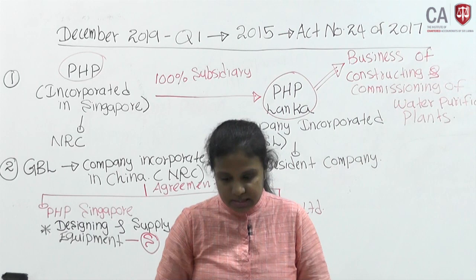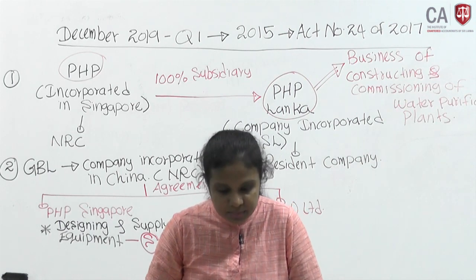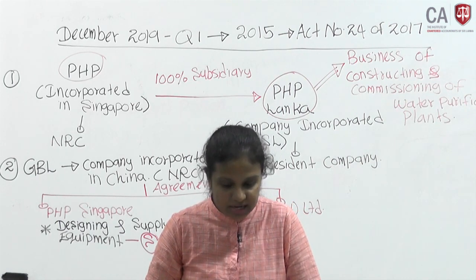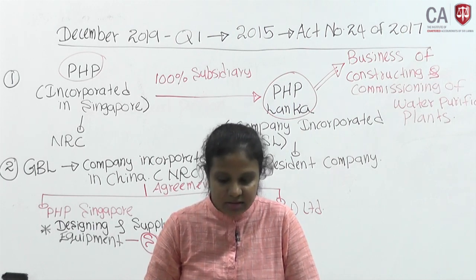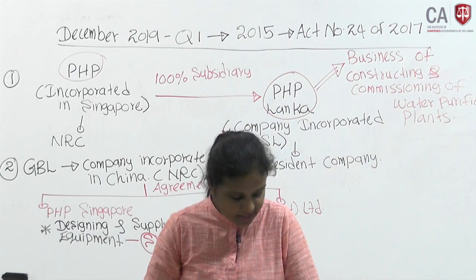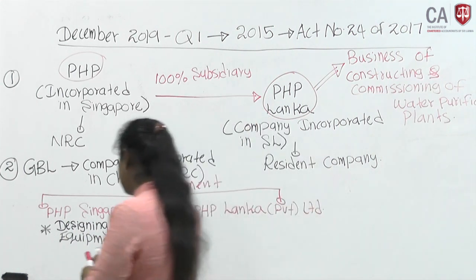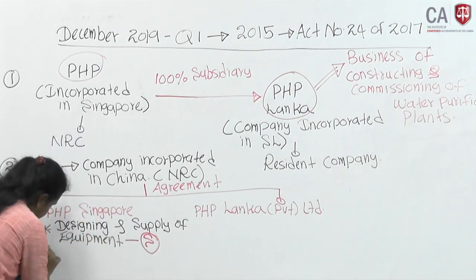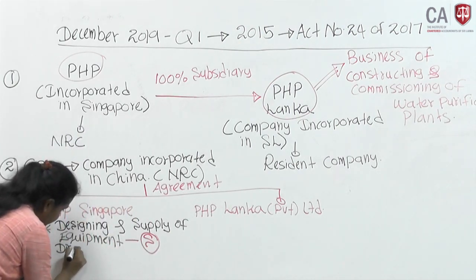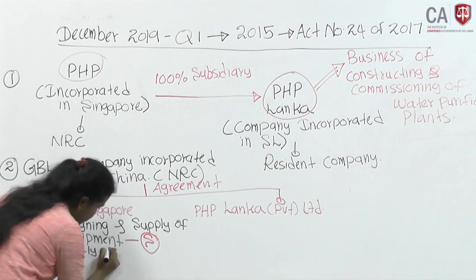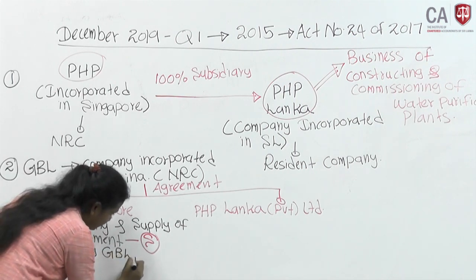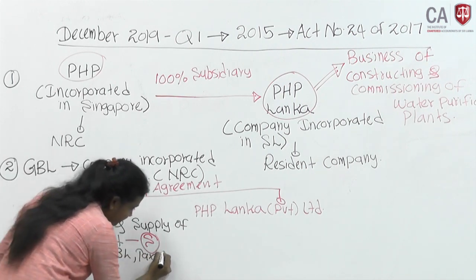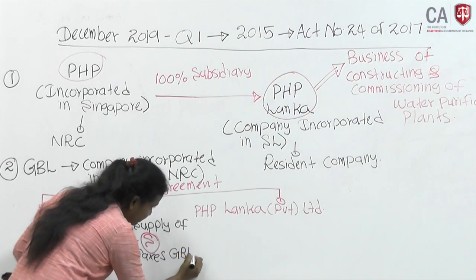After that, the equipment was directly supplied and consigned to GBL, who cleared the goods from the port after paying the relevant taxes and levy. Here, the equipment comes directly from Singapore to GBL, and GBL pays the taxes and does the clearing.